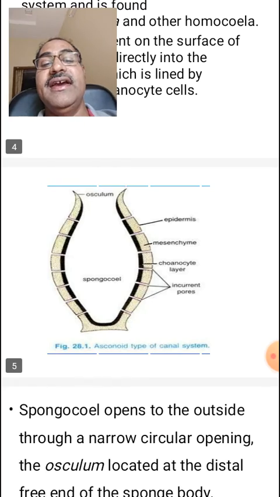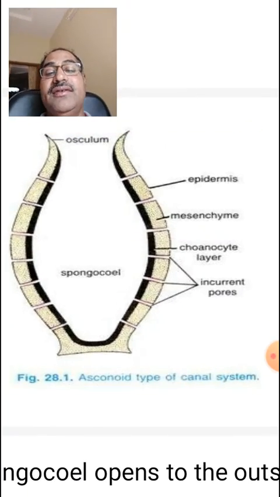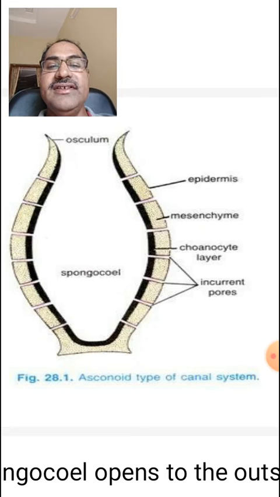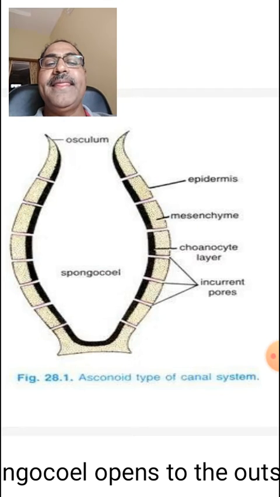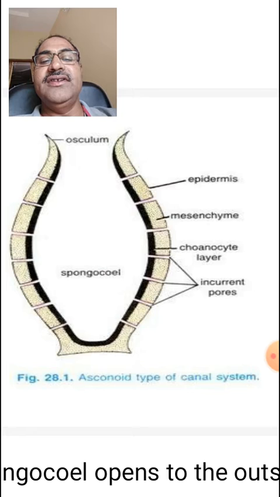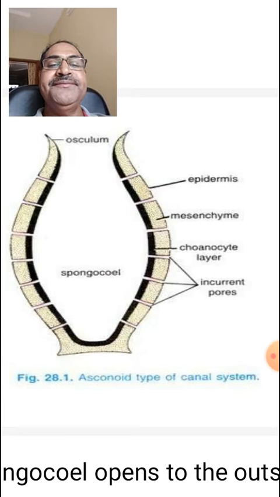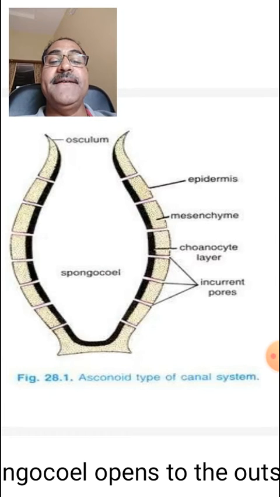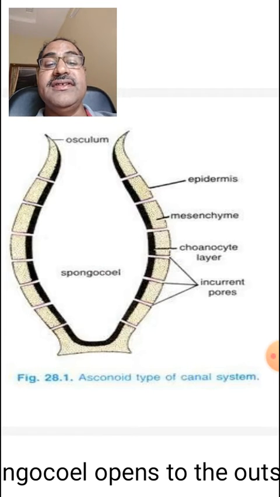So you see the diagram of this. This is the Ascon type. This is the osculum. This is the spongocoel. This is the epidermis and mesenchyme.